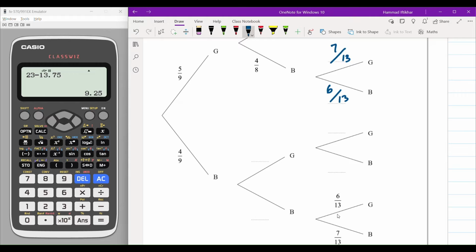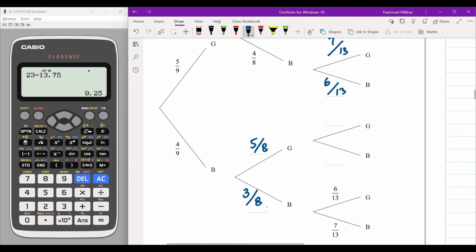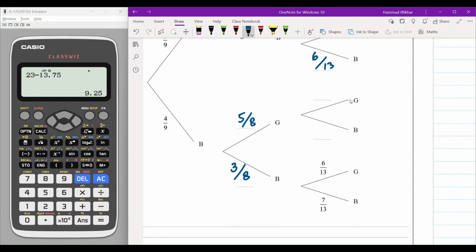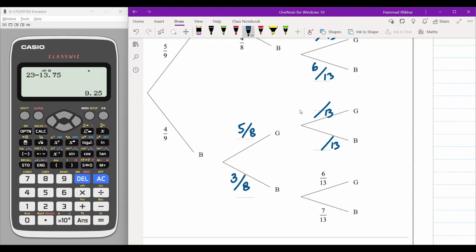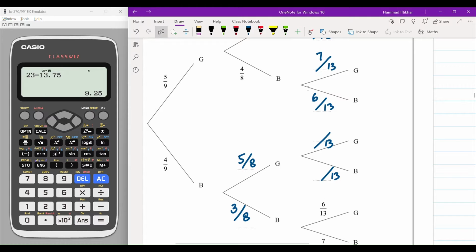Similarly, if a blue ball is first chosen, green remains 5 over 8, but the probability of choosing a blue again is 3 over 8. Now when we have chosen blue and then green, the probability of getting green from bag Y is similar to the green-blue case over here.